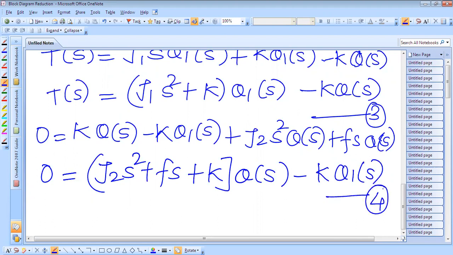So from equation number 3 and 4 we can write like this.